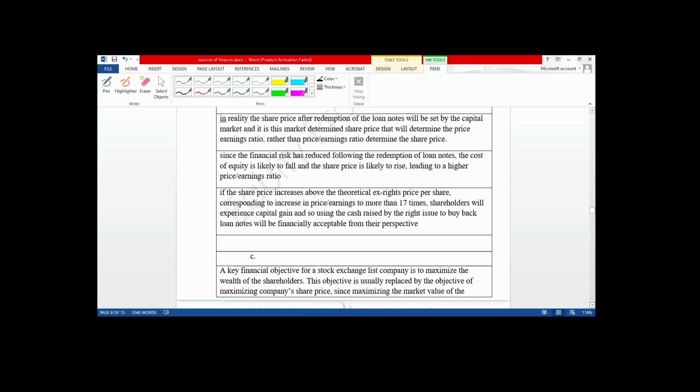Then the shareholders will experience capital gain. In this case, using the right issue funds to repay the existing debt will be financially acceptable because the wealth of the shareholder will increase.